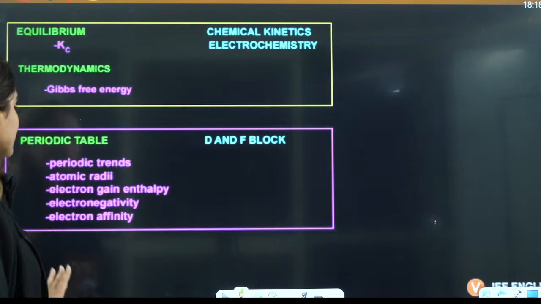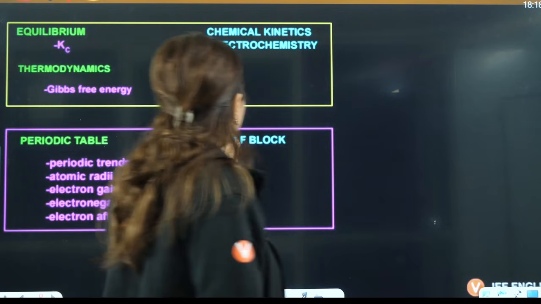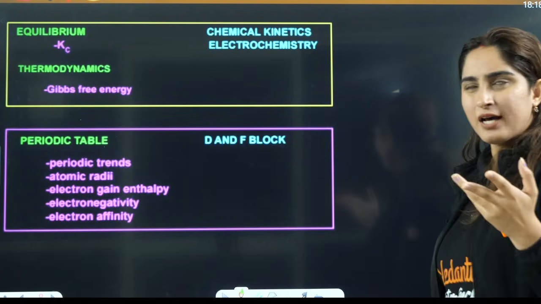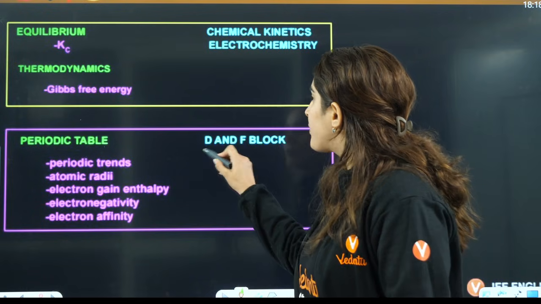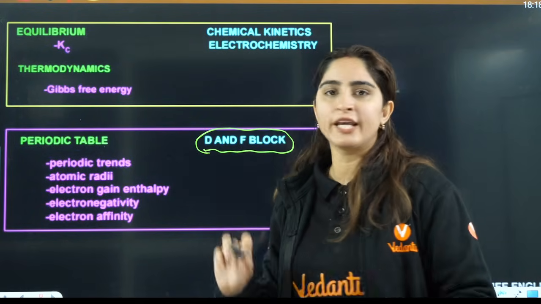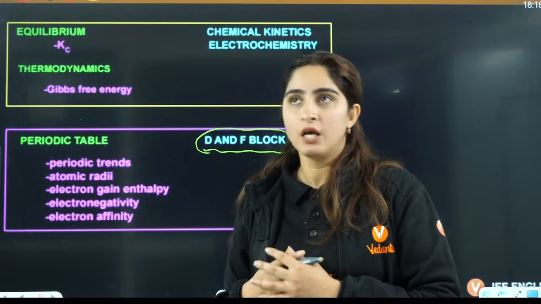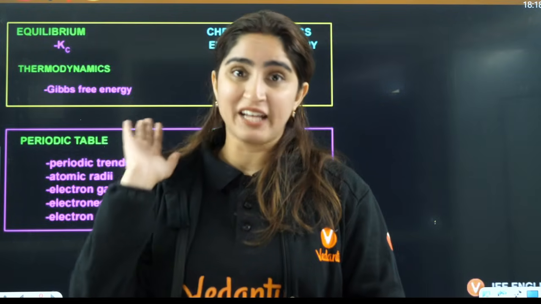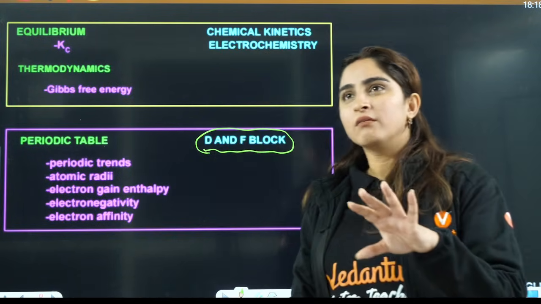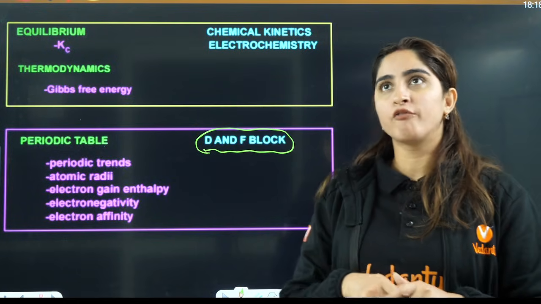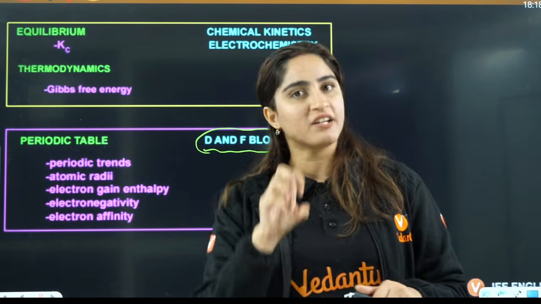Now, after this guys, what we have, this I told you, organic we have done, and inorganic also I told you about coordination and this. Now, before D and F block, one more thing you need to do, that is the periodic table. Now, ma'am, do I have to go through the periodic table in detail? No, I'm just saying, see how the periodic table looks. Where is P block, where is S block, where is D block?